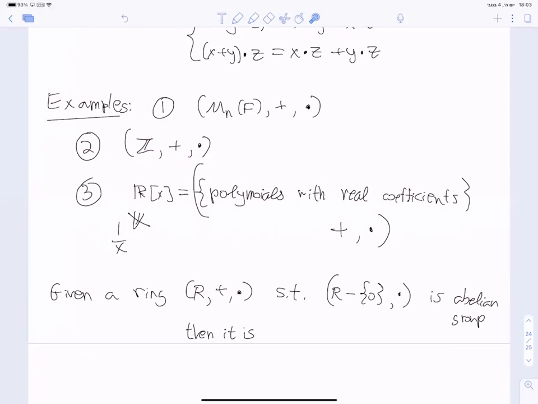How do we call it in linear algebra? Then it is a field. This is the definition of a field.